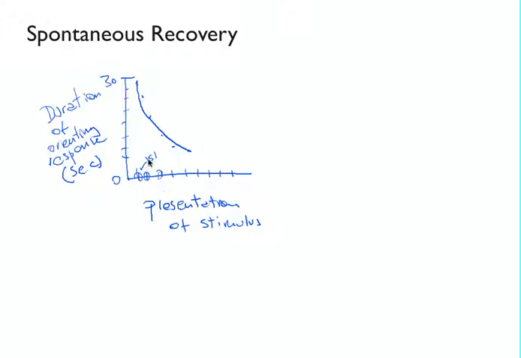I'm presenting these stimuli in a somewhat periodic way, relatively close to each other. So I may be presenting the stimulus every 30 seconds or so, maybe a little bit more, and I'm checking how long the infant is looking at that stimulus.